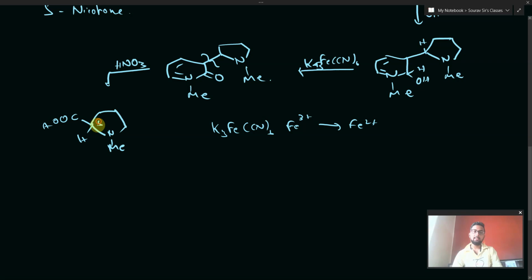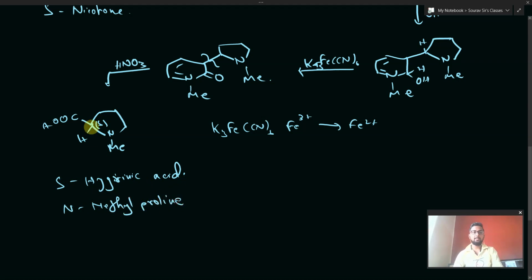This carbon has configuration S, so this name is S-hygric acid, hygric acid. Or you may also write it as N-methyl proline.